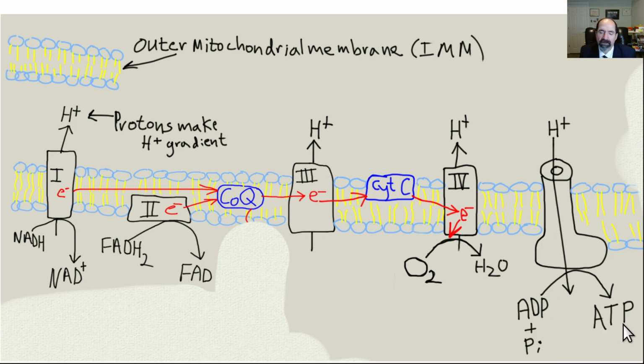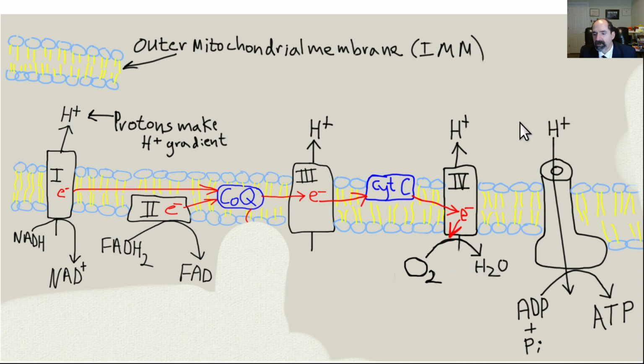And ATP is the energy currency of the cell. Again, it's like a $20 bill of cash. So this is how electron transport works. This is the electrons being transported, and then the harvesting of the gradient, and they call it oxidative phosphorylation. It's oxidative in the sense that oxygen is going to get the electrons as the ultimate acceptor of electrons. That's going to enable it to be converted to water.